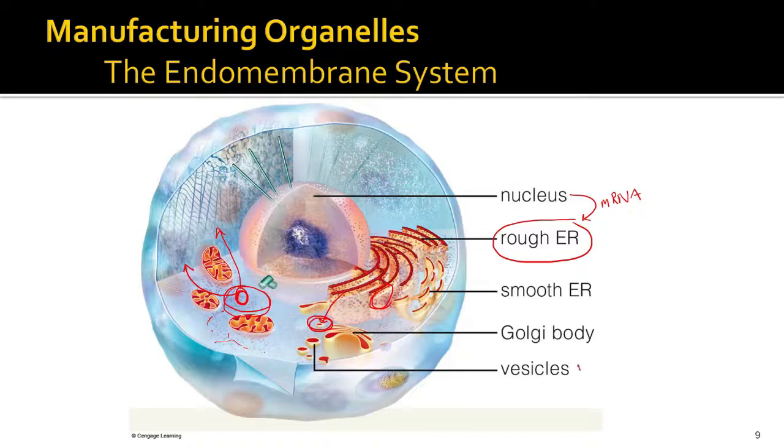The vesicles are going to transport those proteins to the Golgi body, which is going to chemically tag them and probably secrete more vesicles to come to the cell surface and either put the proteins in the membrane itself or expel them out of the cell, in the case of something like digestive enzymes that your stomach or intestines might produce.